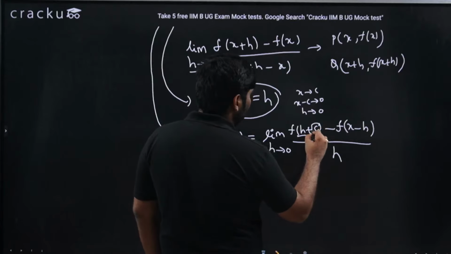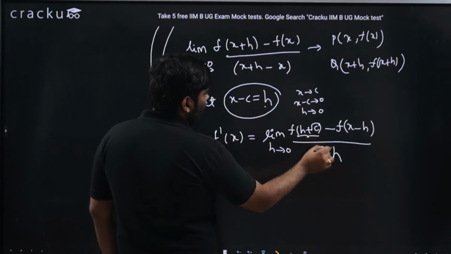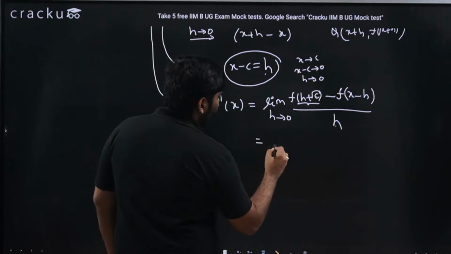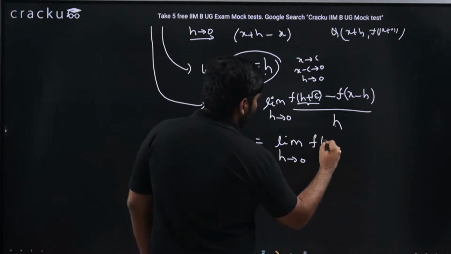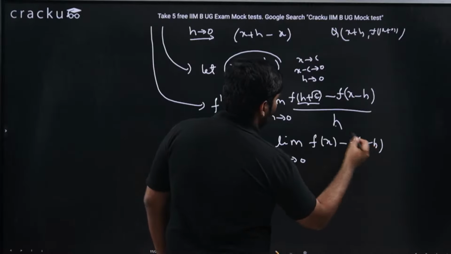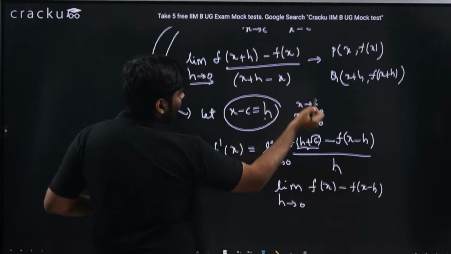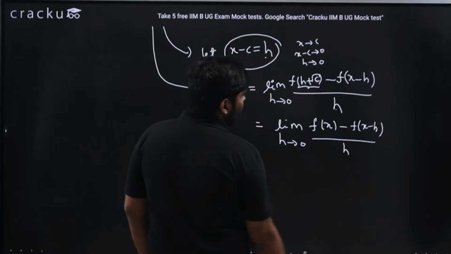Let us put it in only one term, either h and x, but we should not take c. So we are getting limit h tending to 0 f of x minus f of x minus h. What is h plus c? It is x, right? Instead of writing h plus c, let us just write x. So this is what we are getting.